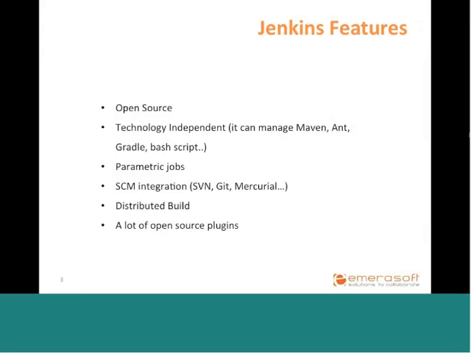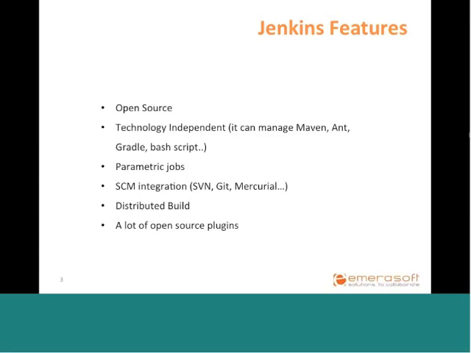It works also with Git, Subversion, and many other source control management software. In fact, when a job starts, you can automatically check out the latest version of the source code and build it. It also supports distributed builds, and it is extendable with a lot of open source plugins. It is written in Java.